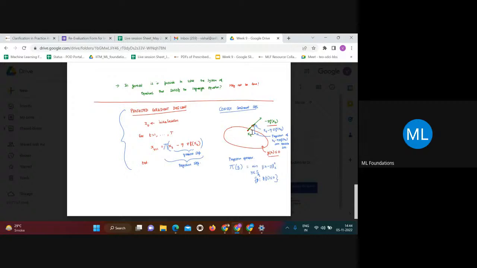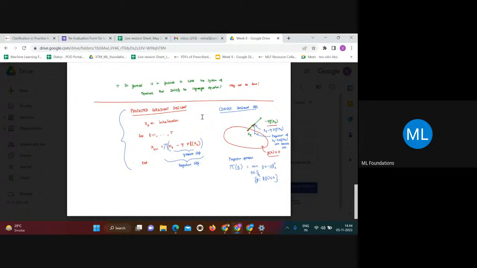But here we have some condition, because x and y can take only appropriate points. So if we have conditions, we take this pi, the projection step, on top of whatever we were doing before.